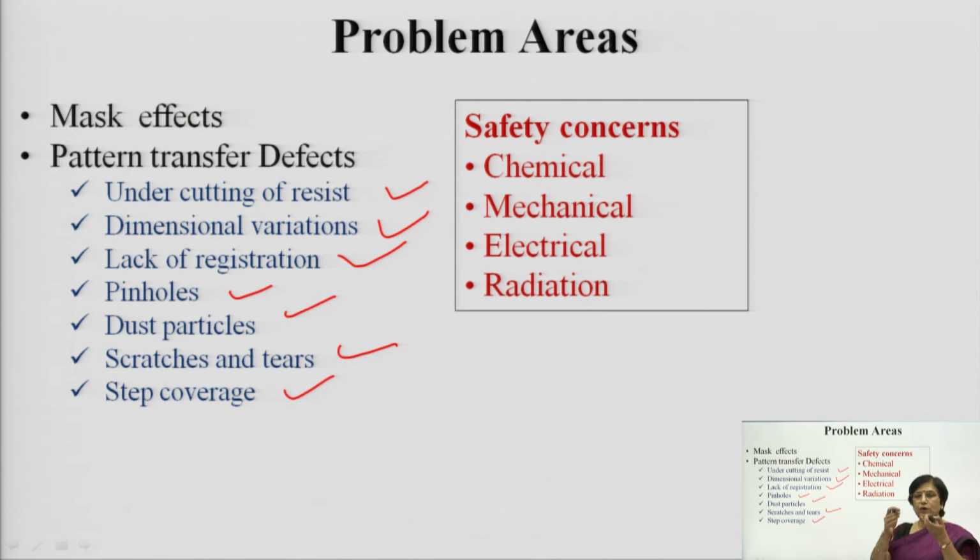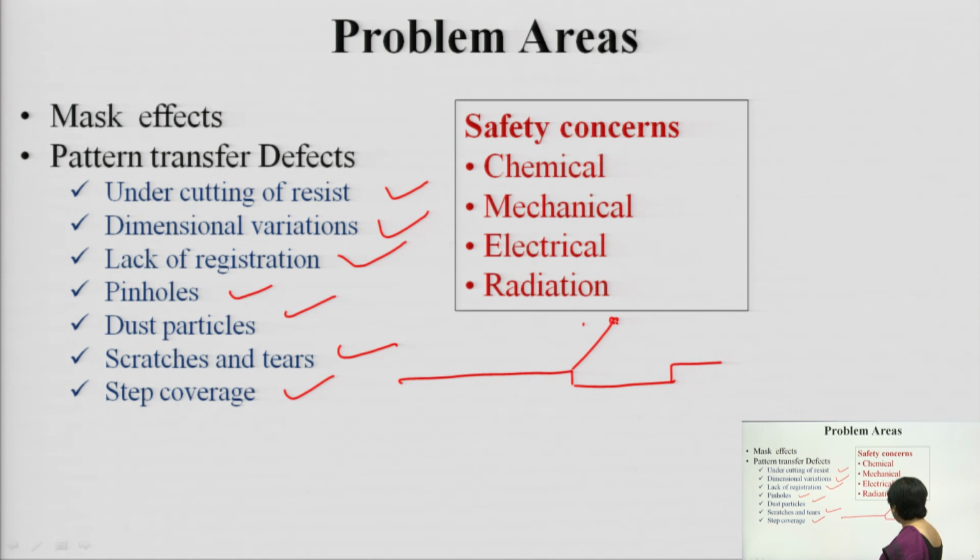That is, when you have some steps or level differences on the wafer, that difference may not be properly covered with the photoresist. Imagine you are exposing this small area. Here your source may not give proper exposure in all directions, and therefore the photoresist may not exhibit the same properties when you have such level differences on the wafer surface.